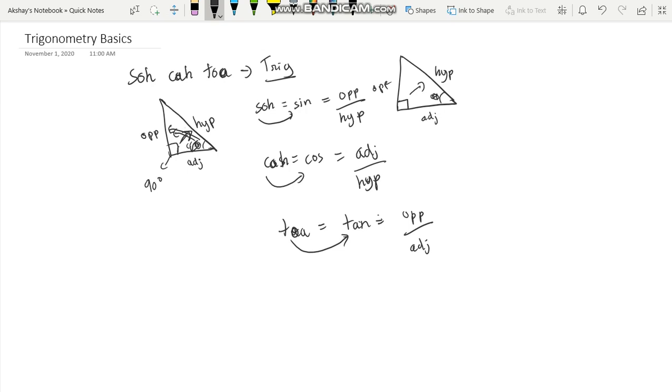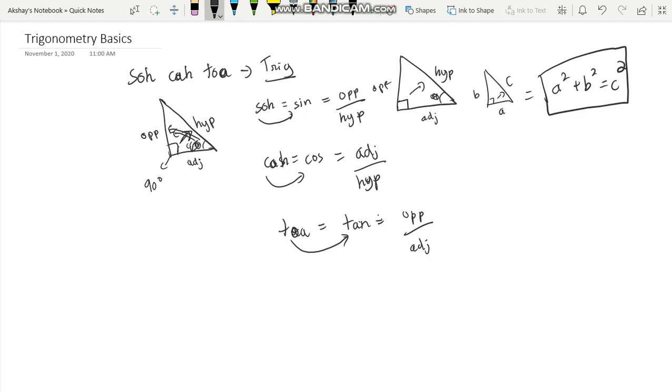My Pythagorean theorem is my right triangle with my A, B, and my C, and my formula is A squared plus B squared is equal to C squared. You're going to use this a lot through trigonometry, really, because we're dealing with the same right triangles as we do with our Pythagorean theorem.